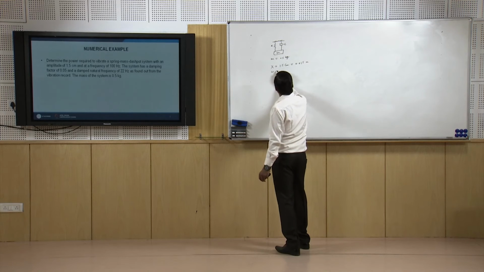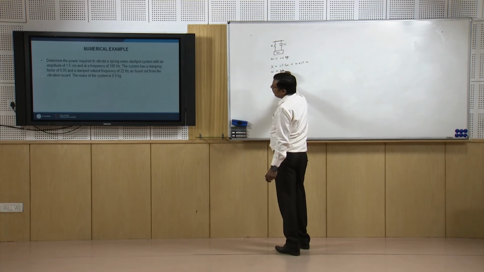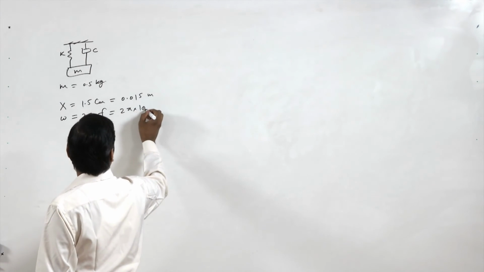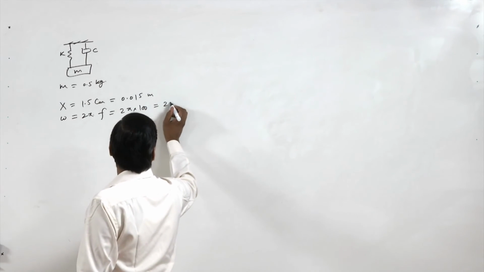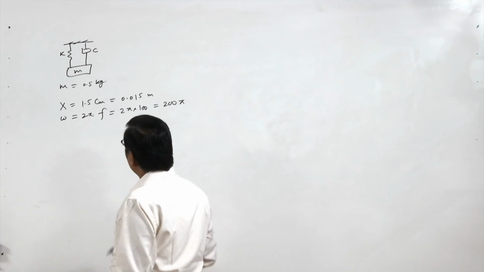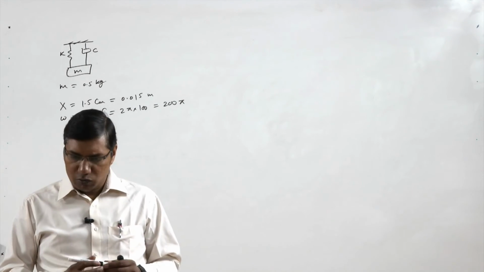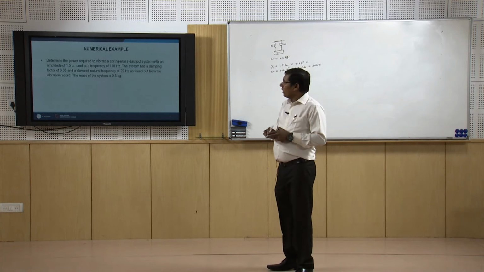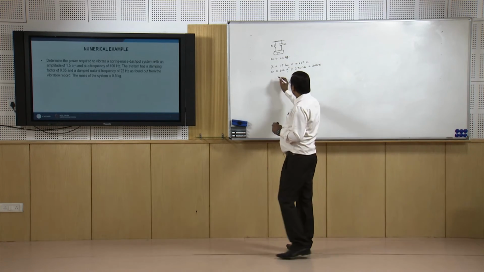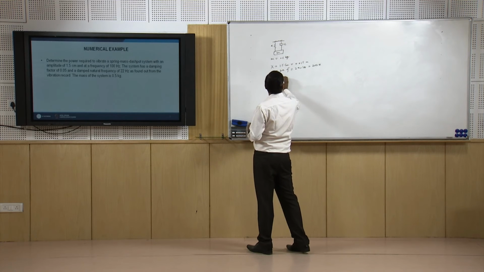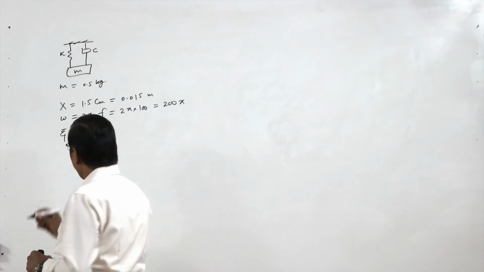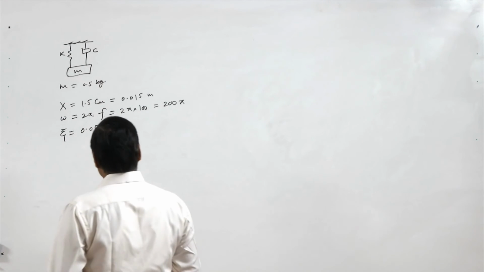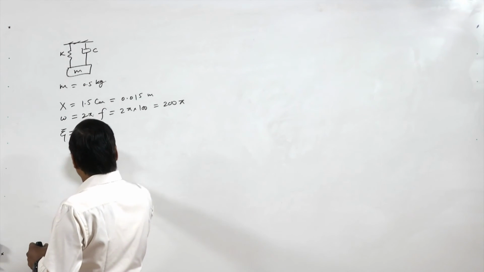So here omega equal to 2 pi into f. 2 pi into f, f is 100 Hertz, so it is 200 pi radian per second. Now the system has a damping factor of 0.05, so here zeta is 0.05, and a damped natural frequency of 22 Hertz.